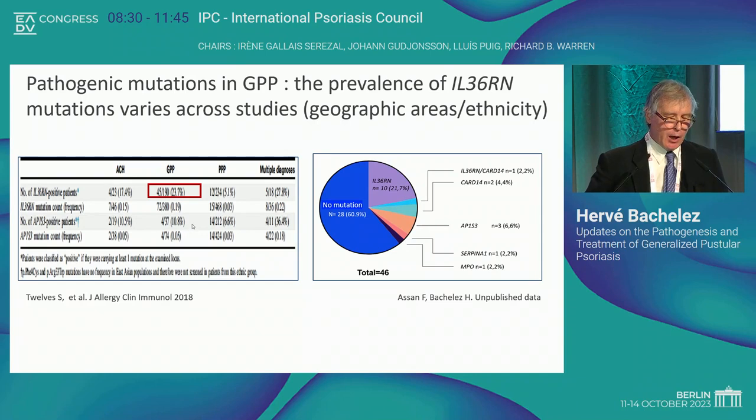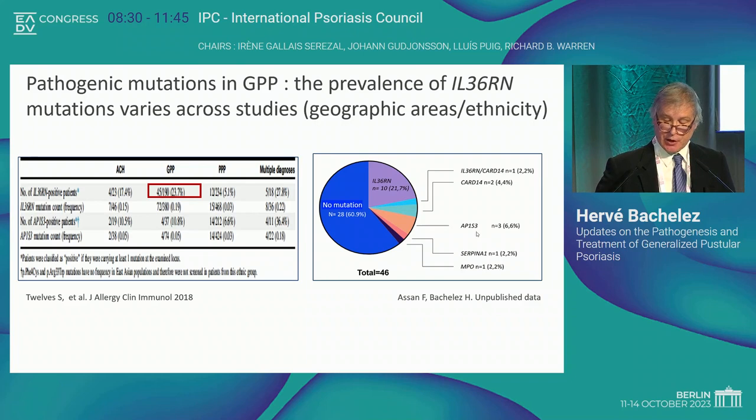But anyway, for the homozygosity, you can see that this is Francesca Capon's work in a large panel of patients. Here, in a total of 46 patients with GPP, you can see that the proportion of patients with homozygous mutant is roughly 22%, so very close to what was found by the Capon group, although we have a lot of patients from North African descent in France.